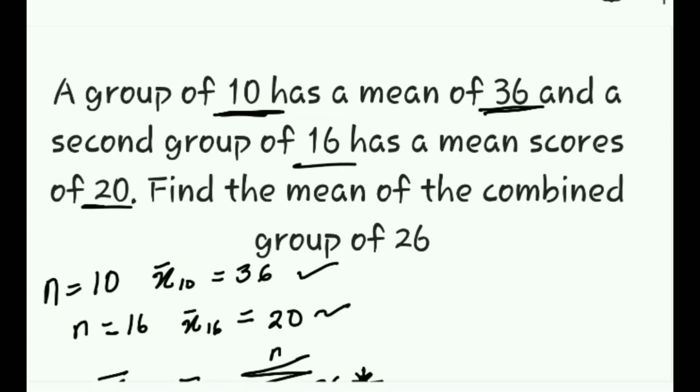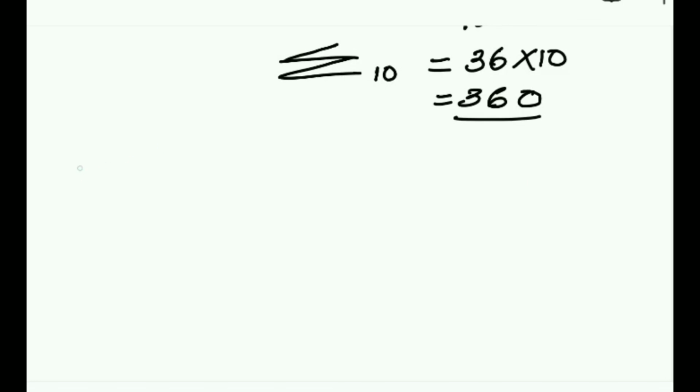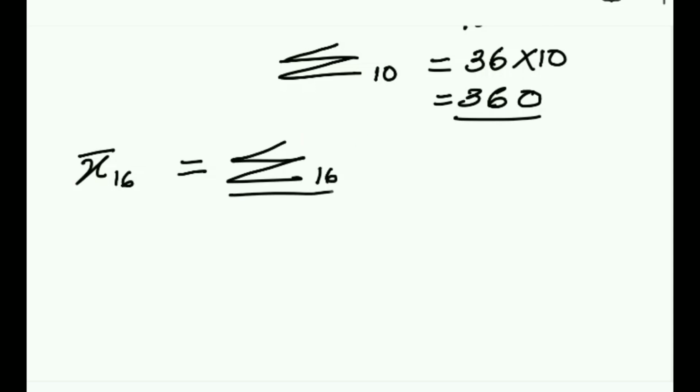Let's get back to the second group. In the second group, there are 16 individual scores and the mean is 20. The mean of this 16 is the summation of all the 16 individual scores divided by 16.